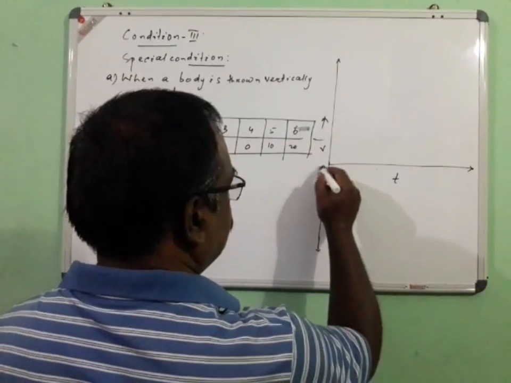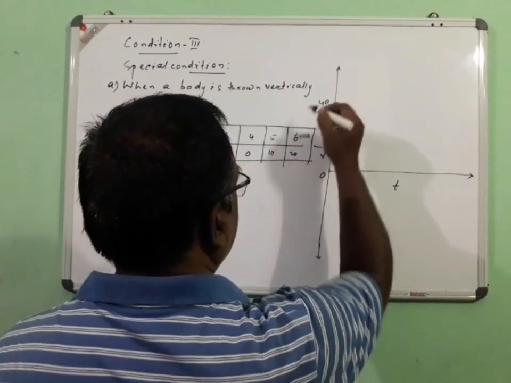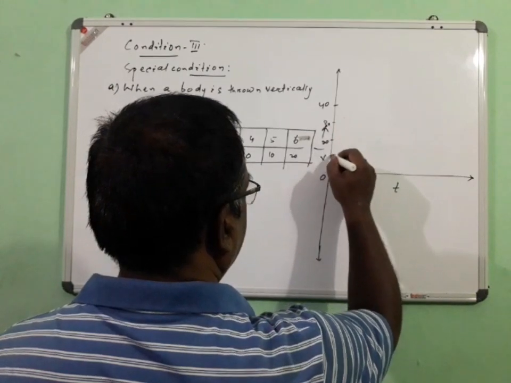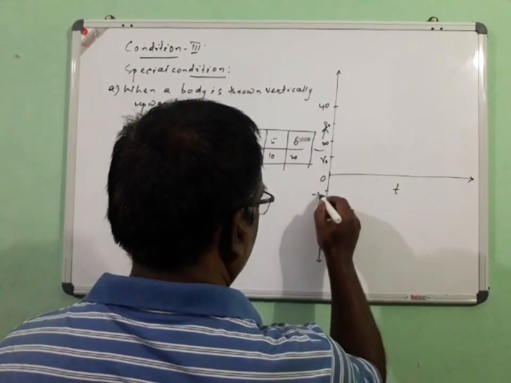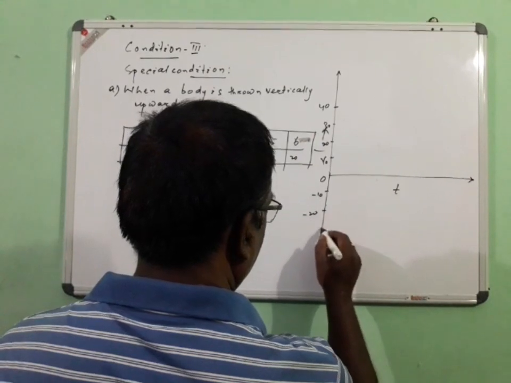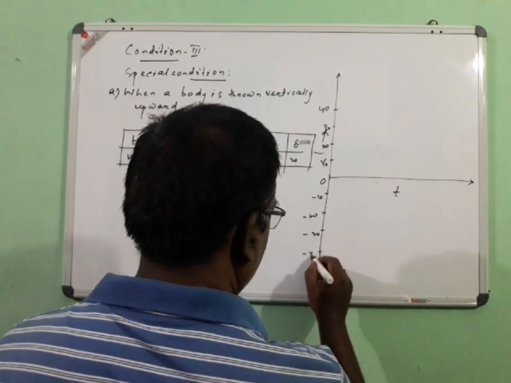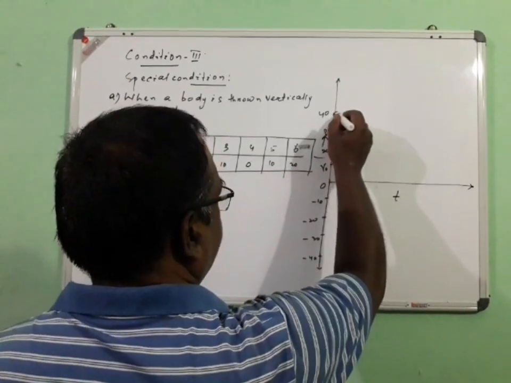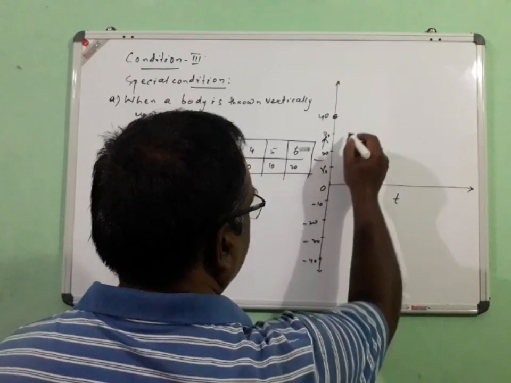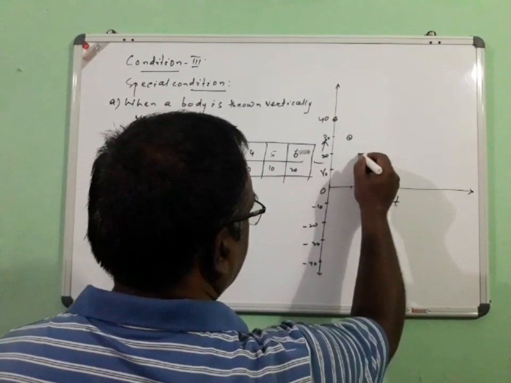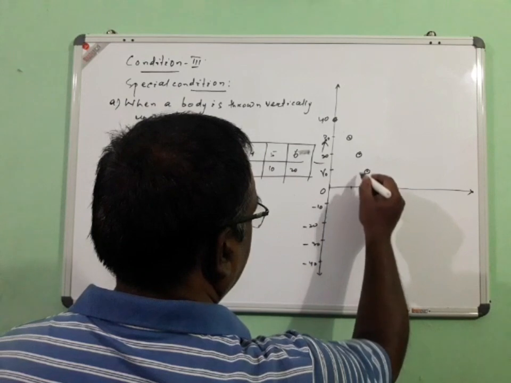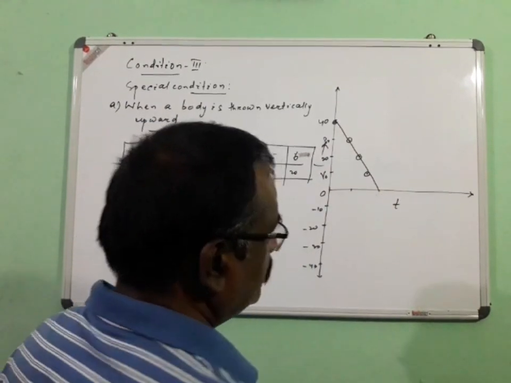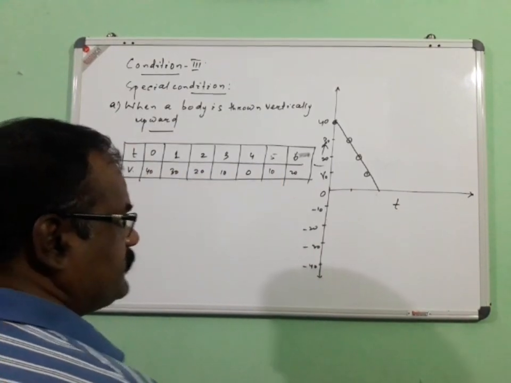At 0 second, consider that this is 40, then 30, 20, 10, 0. Initially it was at 40. After 1 second, it comes to 30, then 20, then 10, and at one time it will come to the rest condition, where velocity will be 0 meter per second.